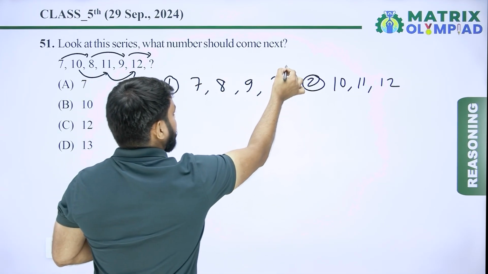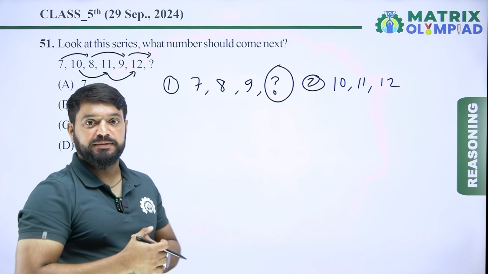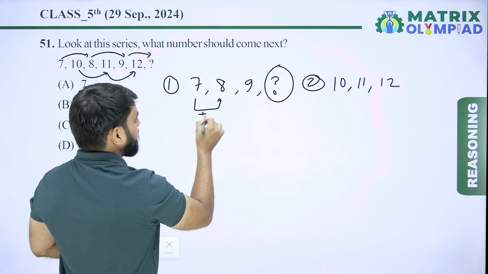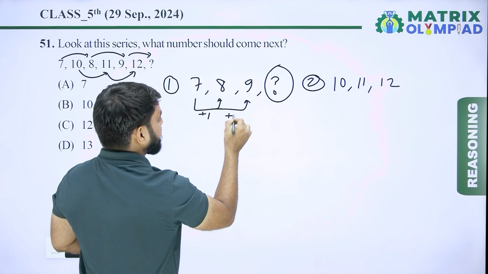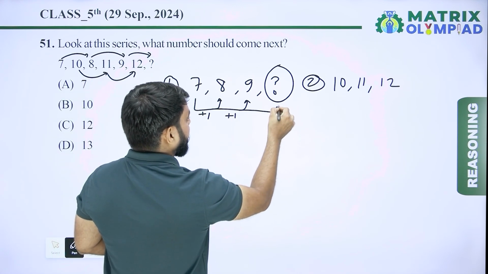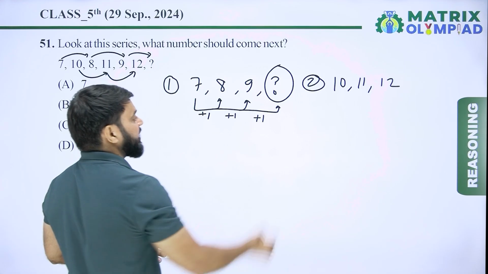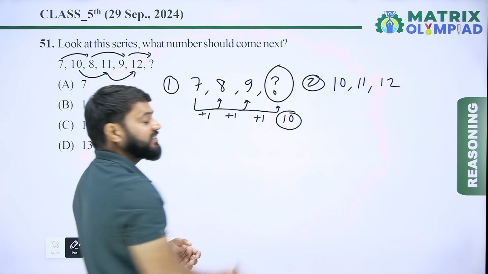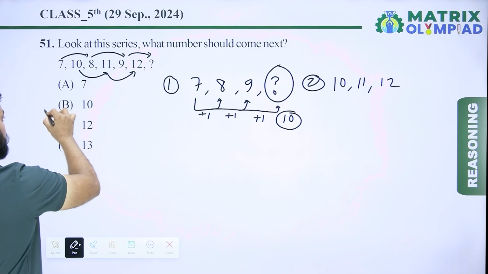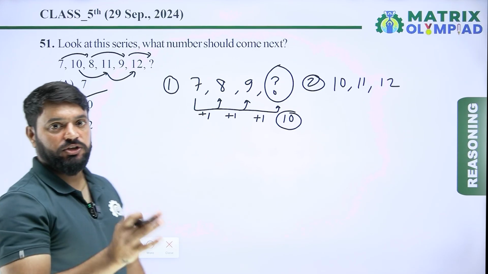So find the missing term of the given series. 7 to 8 means plus 1. Now 8 to 9 means again plus 1. Similarly, 9 plus 1 means 10. So 10 is the next term of the given series. So option B is the correct answer of this question.